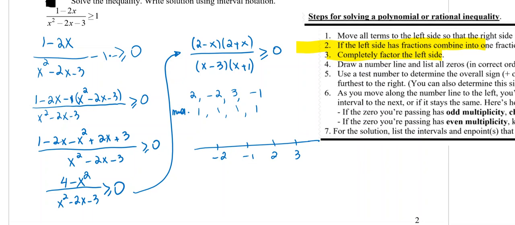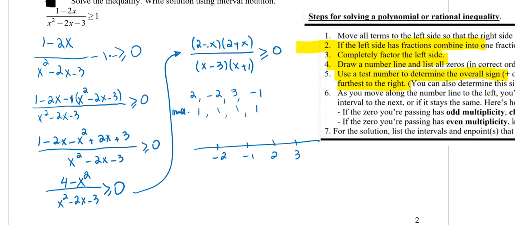So we already drew our number line. Now we are going to use a test number to figure out the overall sign for the interval that's furthest to the right. So either do it with leading terms on top and bottom, or with just a test number like 3. I don't know, something bigger than 3, 100. Pick a number that you know for sure is going to be in that interval.